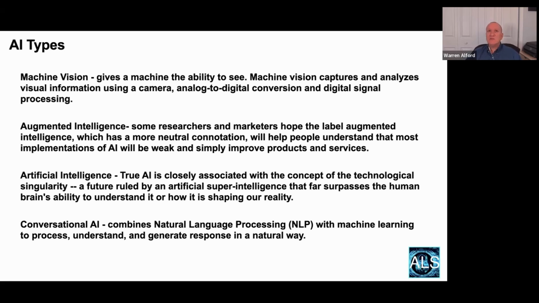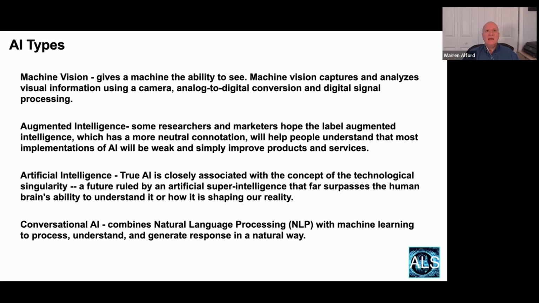Artificial intelligence, true AI, is really supposed to mimic the way that the human brain operates and provide the ability to understand and comprehend and then correlate certain bits of information from its basic input and from the information from the machine learning that has been put into the machine.